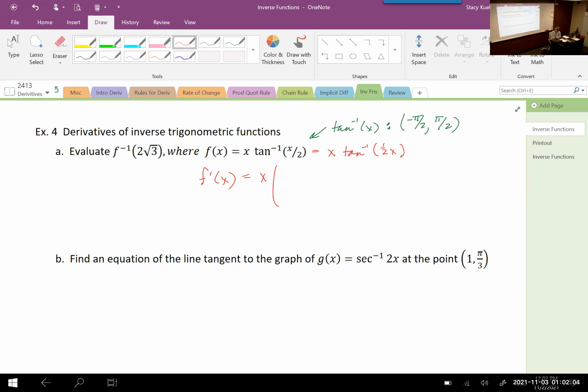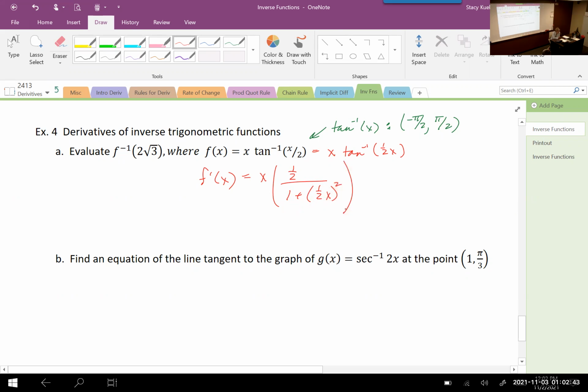So when I take the derivative of f, I get the first times the derivative of the second. So this is our new one. What's going to be in the numerator here for inverse tangent? 1/2 over the original argument 1/2 x and then squared.